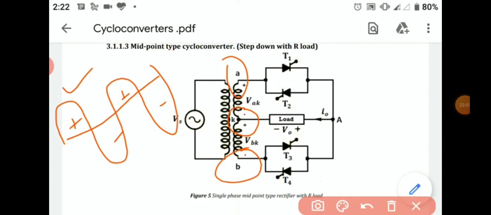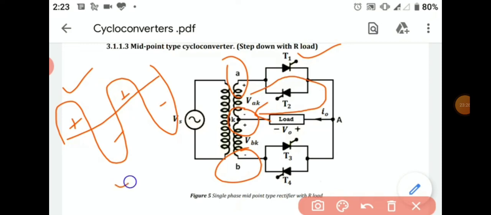Due to positive potential at point A, thyristor T1 will be forward biased and it starts conducting. So the current starts flowing from positive potential through the thyristor T1 through the load to the negative potential like this.